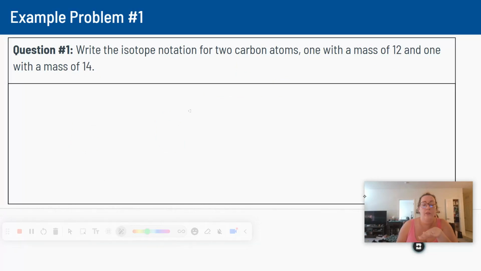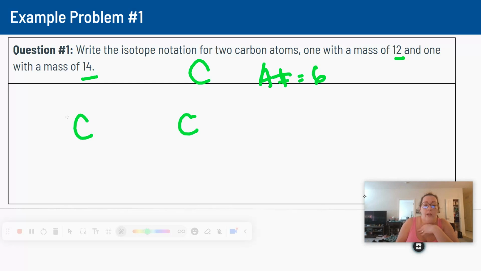Okay, we are going to review the first example problem, writing the isotope notation for 2 carbon atoms, one with a mass of 12 and one with a mass of 14. Before we even can start writing the notation, we need to get the symbol and the atomic number for carbon from the periodic table. So our symbol for carbon is just a C, and then our atomic number is going to be 6. So for each of these, we're going to start with our symbol. And then we know our mass number goes up top.